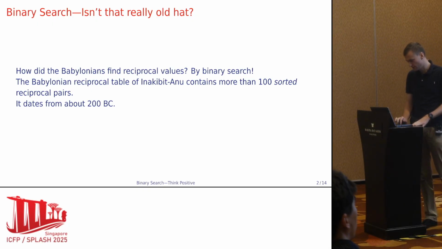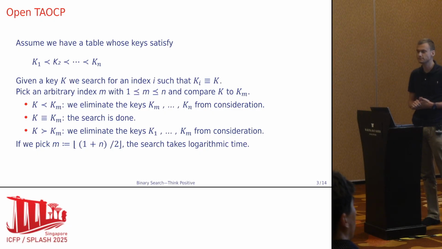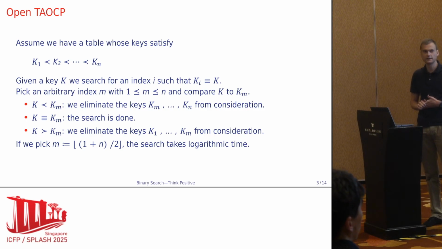The first one is from Donald Knuth, The Art of Computer Programming, and it's along the following lines. Assume we have a table with keys k1 to kn, and we assume that they are sorted. Now, given a key k, we search for an index i such that ki is equal to our search key k. That's the problem description.